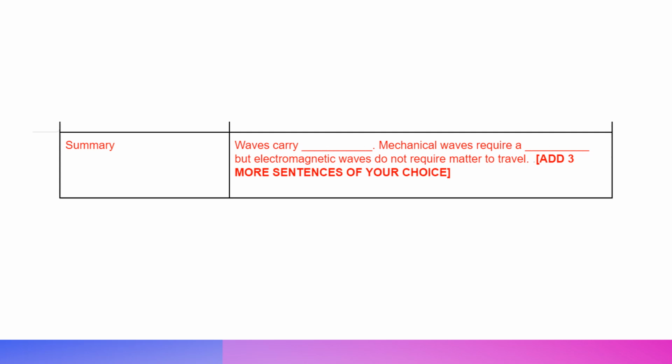And now we're getting down to our summary. Now, we have a problem. I have removed the words that you need to have here in the summary. You need to figure out what those words should be. Then I want you to add 3 more sentences of your choice to the summary. Before, I would kind of give you the summary and you would just copy it.